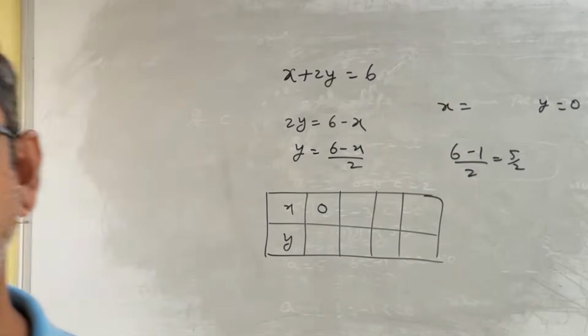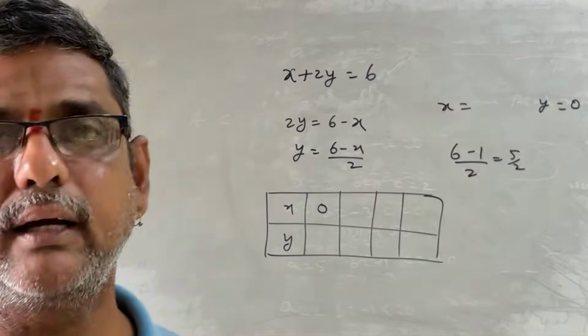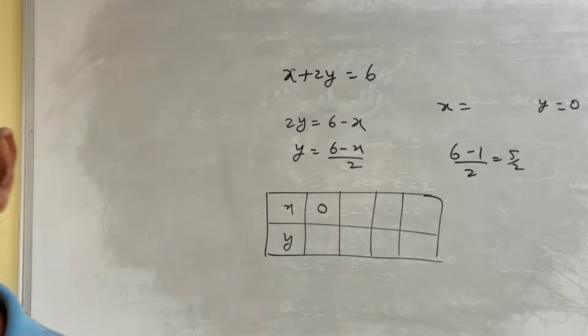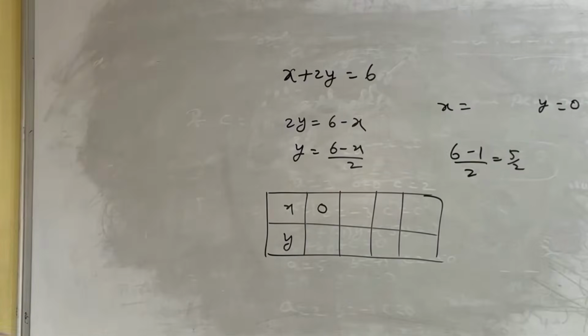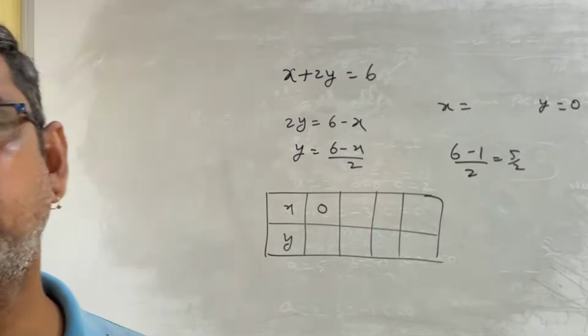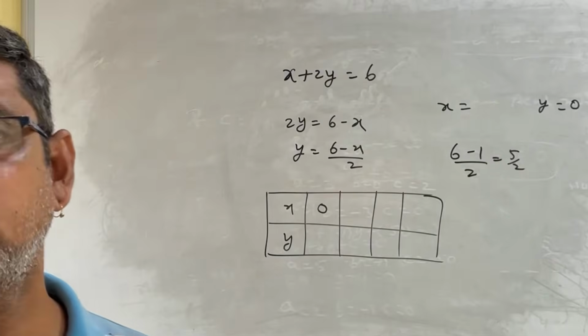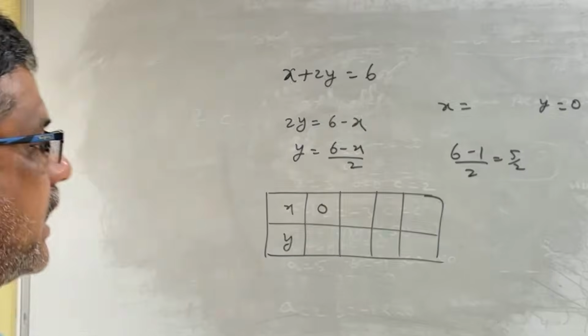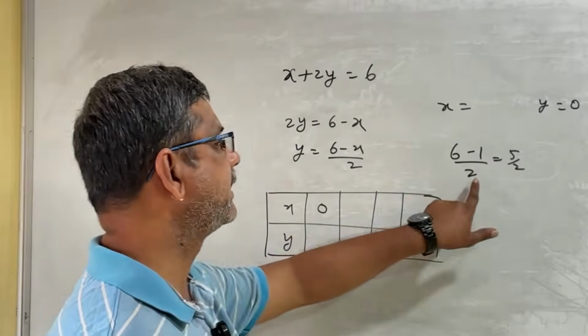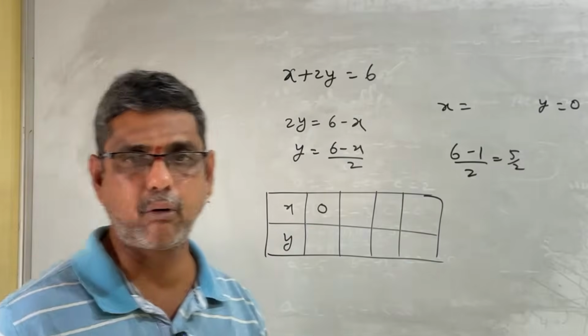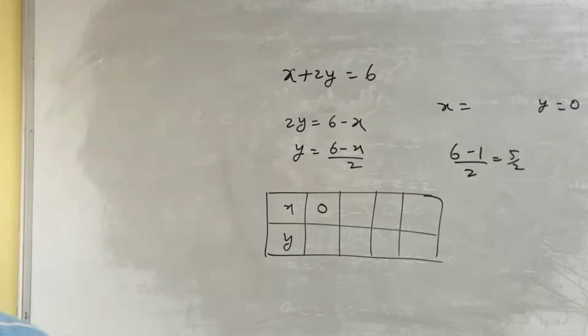So you cannot give such values. You can give it, but when you are drawing the graph, it is difficult to plot the points. So whatever value we get on the numerator should be divisible by 2 in this problem.